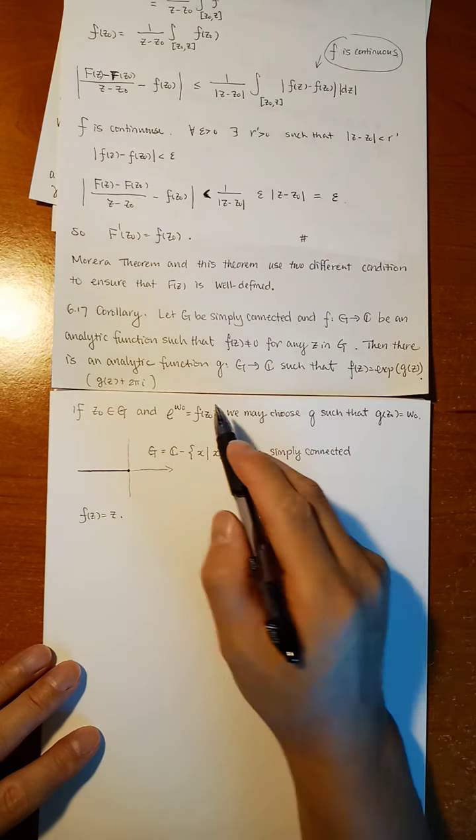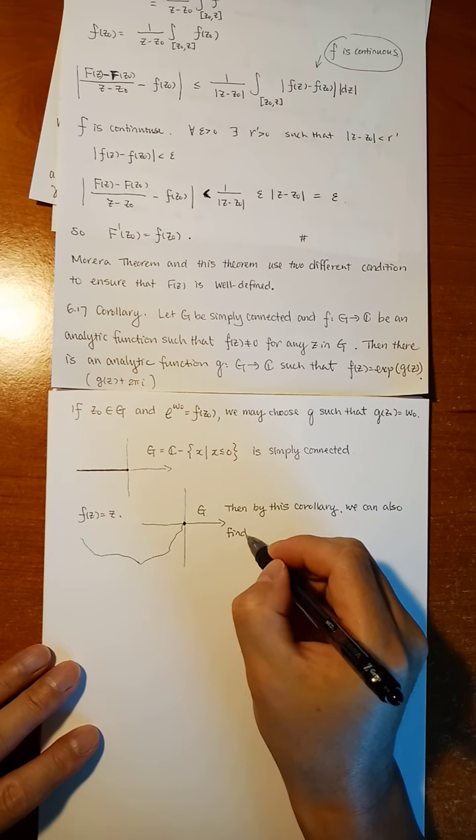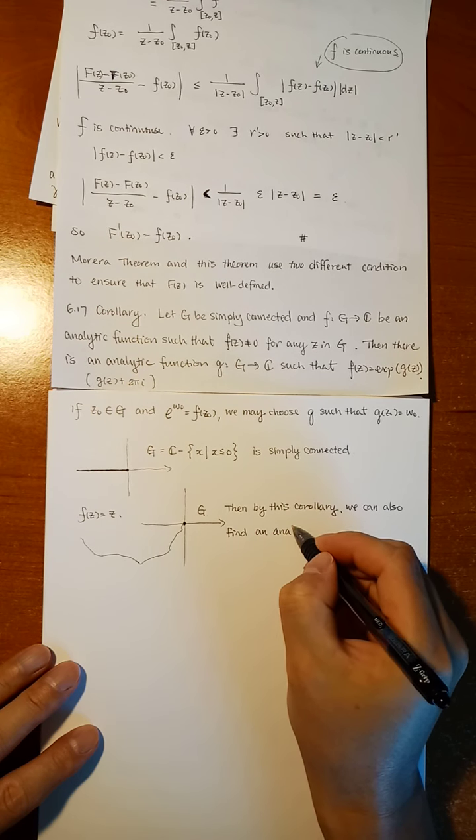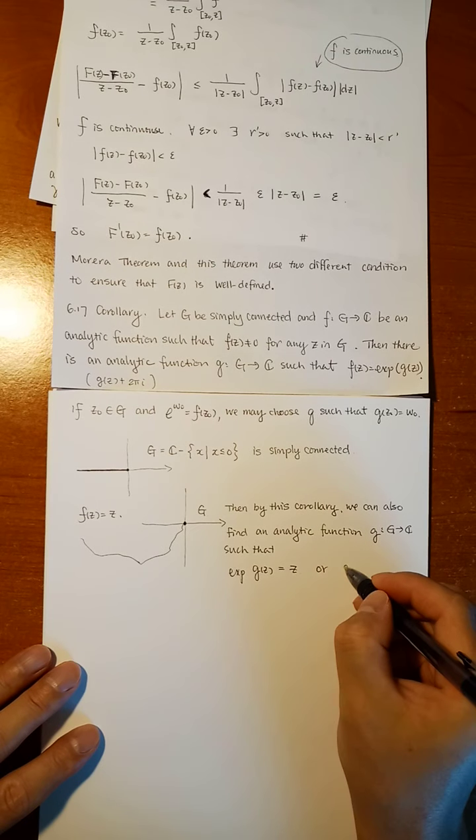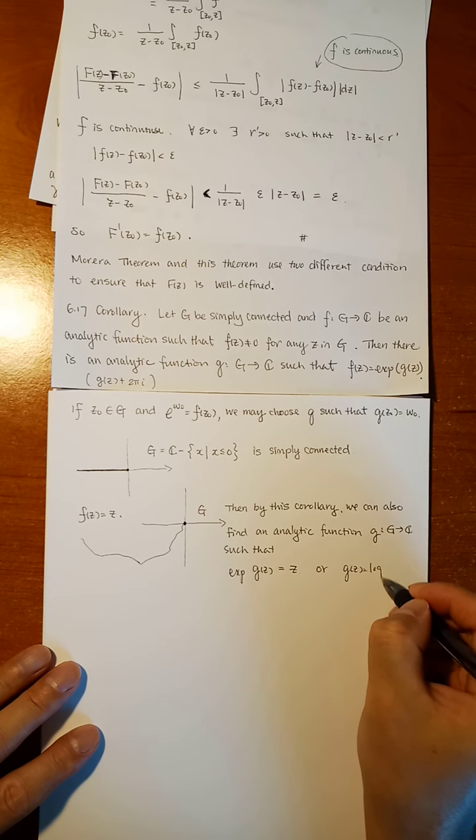Then by this corollary, assuming we prove it, we can find an analytic function g from the same domain to C such that the exponential of g is equal to z, or we can write g of z is log z.